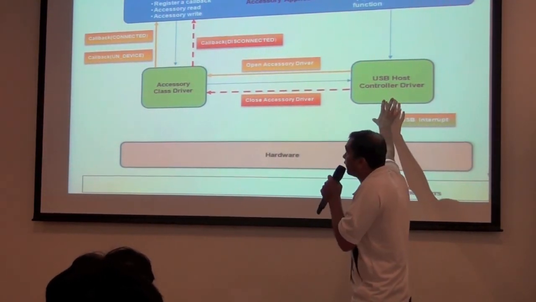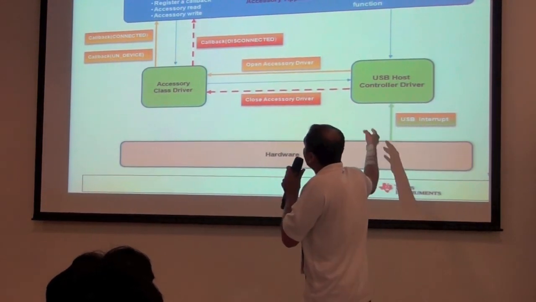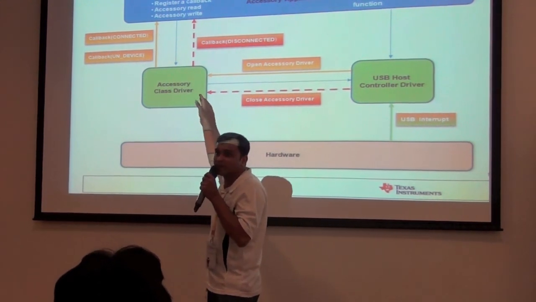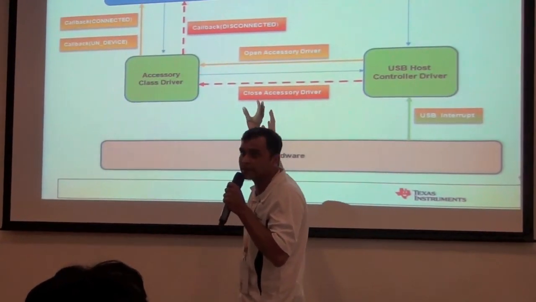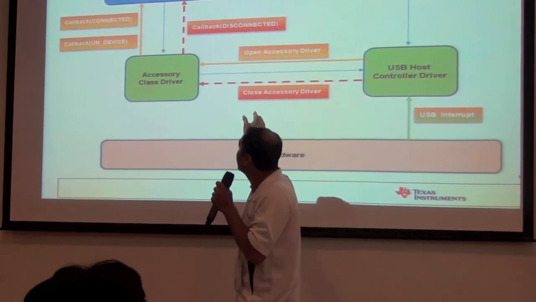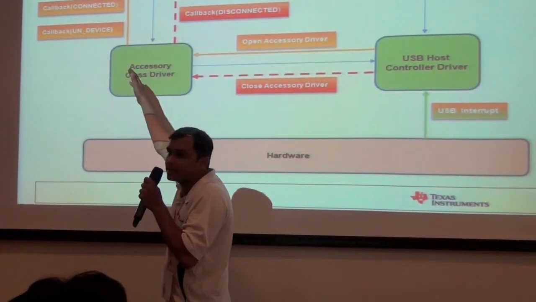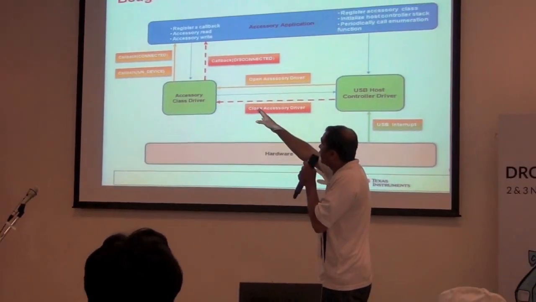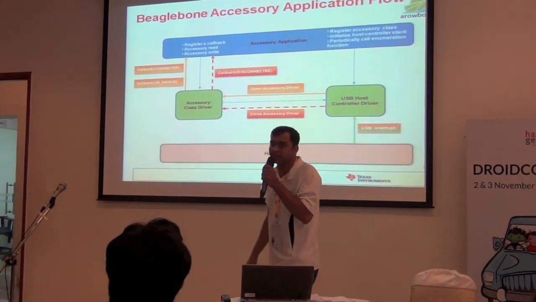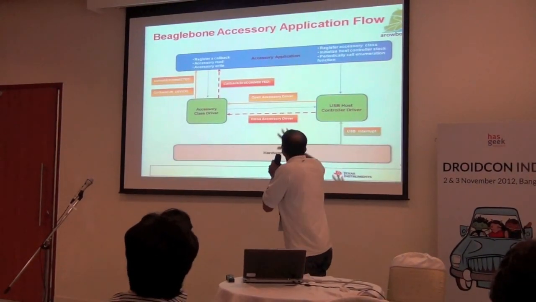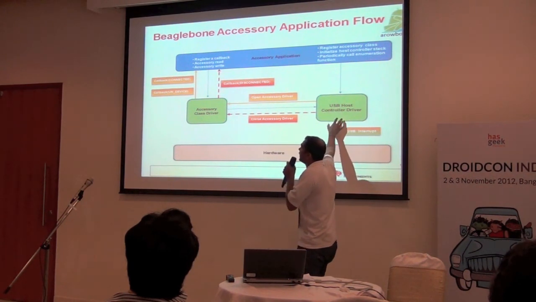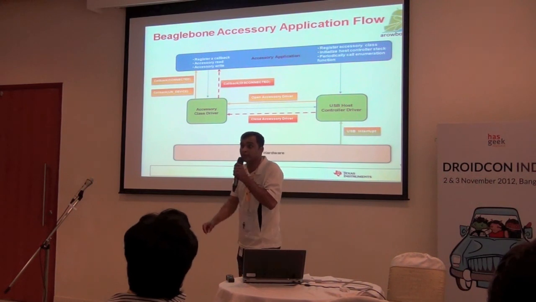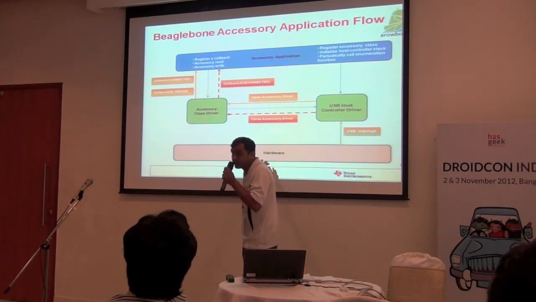There are APIs available for that, and after that you have to register a callback to the accessory driver so that once the accessory detects the Android powered device is connected and the connection is established, it can notify you whether the device is connected, disconnected, or an unknown device is connected. Then you can use the read and write API to write your own accessory application. In simple terms, you just have to do some initialization and register a callback. The protocol implementation, negotiation, everything will be handled by this lower layer framework.